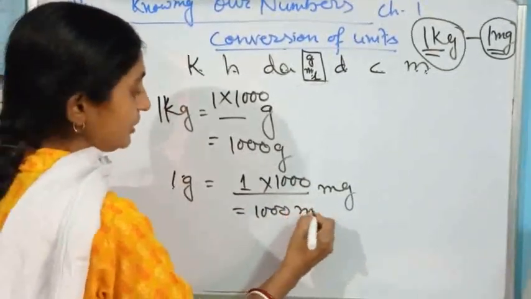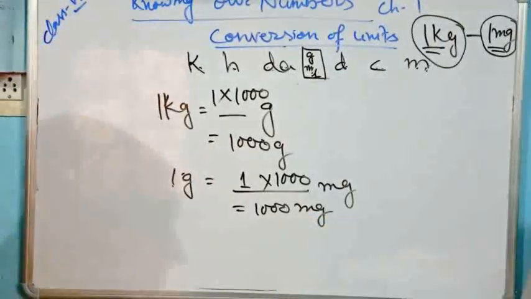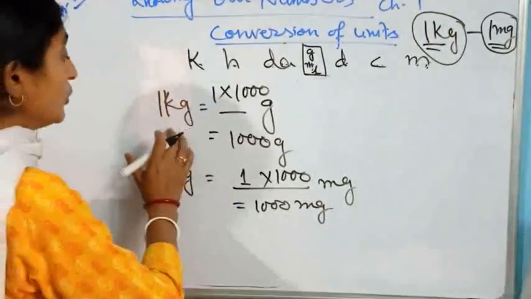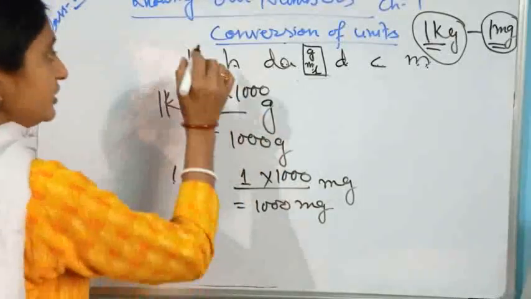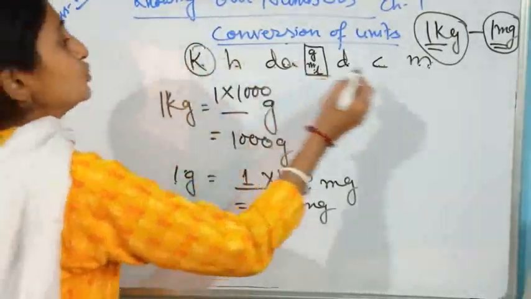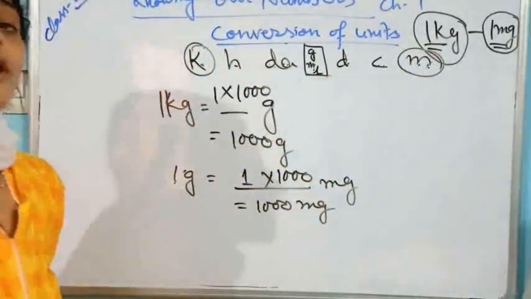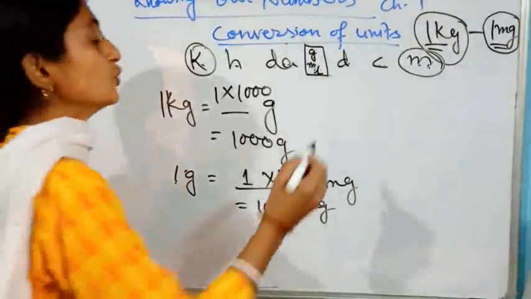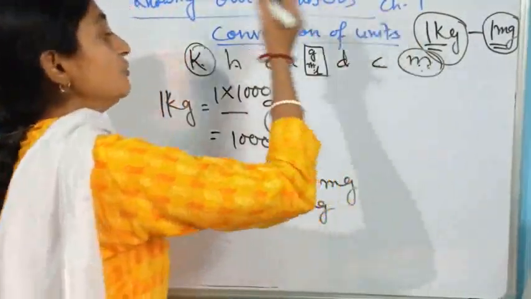So I get 1000 milligram. Now, you are moving from bigger to smaller. Now, what will happen if you have to present the smaller unit in the bigger unit?